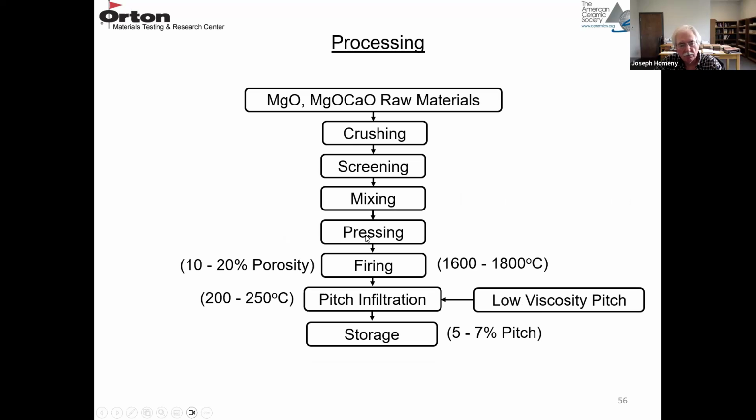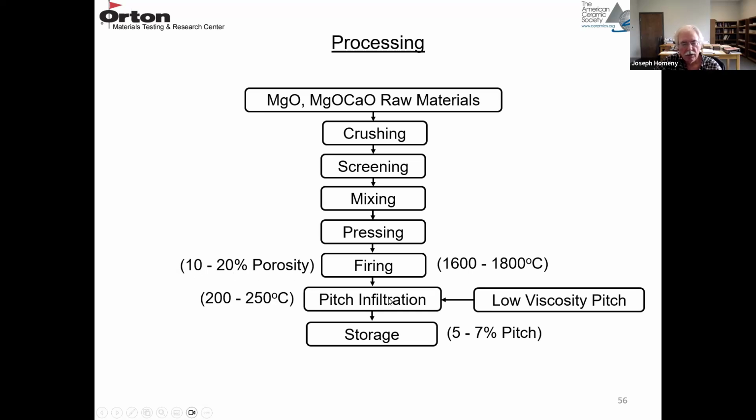Those powders are mixed, pressed, and then those shapes are fired, maybe 1600 to 1800 degrees C. And after firing, they're going to have 10 to 20% porosity. So those fired shapes are put in a vacuum, and they're brought up to maybe 200, 250 degrees C. And under vacuum, you introduce the low viscosity pitch that infiltrates the 10 to 20% porosity.